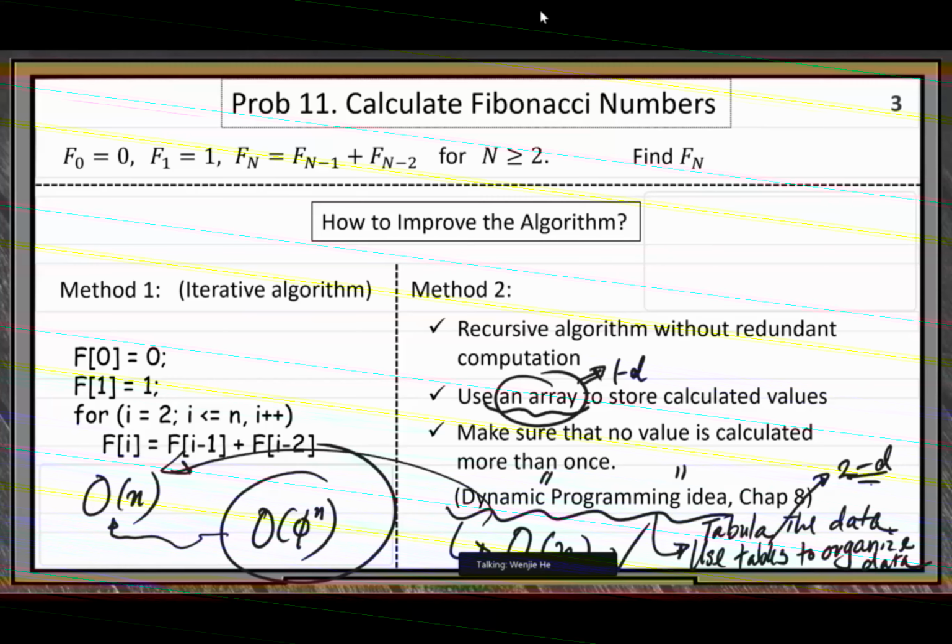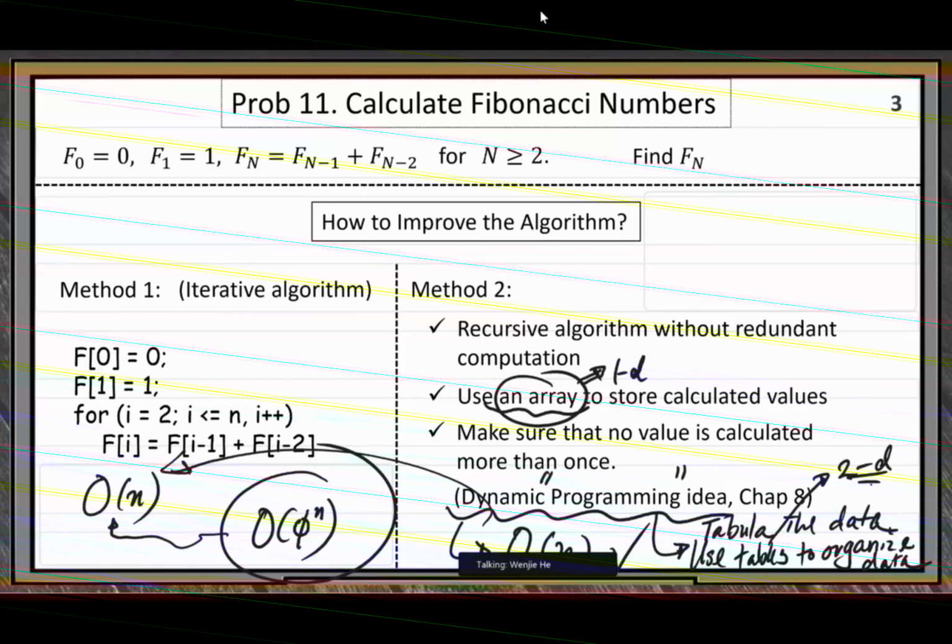Can we treat an array as a 1D table? It is, because it's just a naming problem, right? It's just a name. So we can treat a 1D array as a special table. We don't need 2D; we just need a 1D way to organize our data.